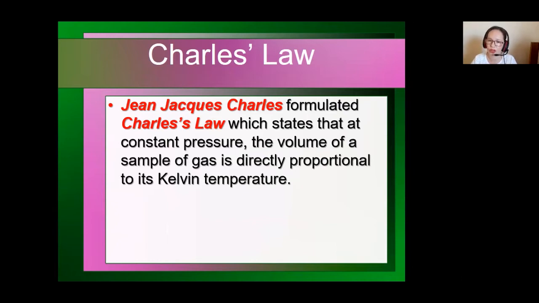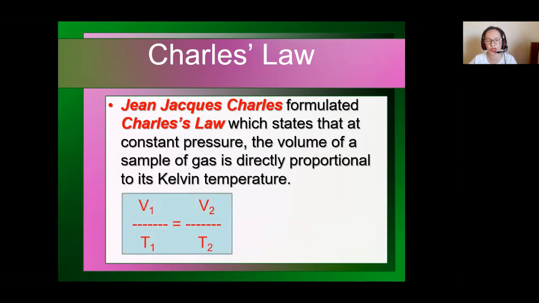So how is volume related to temperature? They are directly proportional. When we say directly proportional, as one increases, the other also increases. To represent it mathematically, we use initial volume over initial temperature, for two conditions, equivalent to final volume over final temperature.